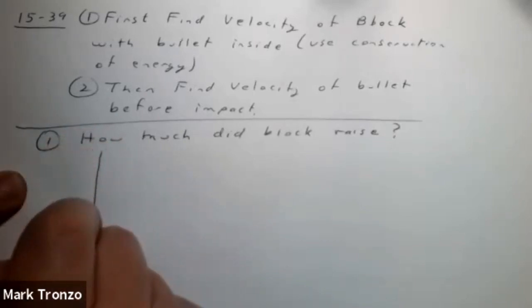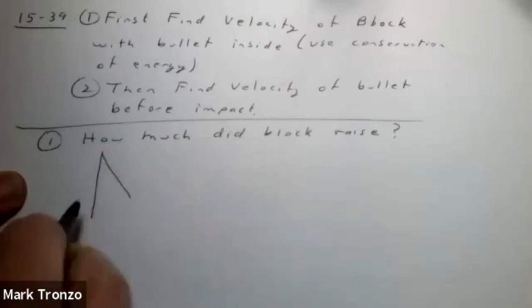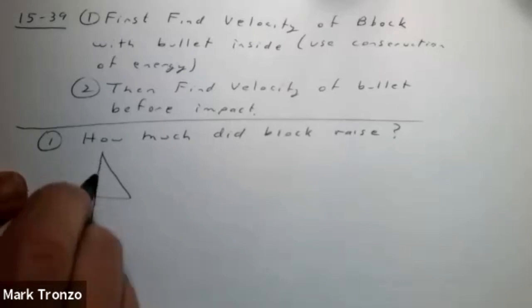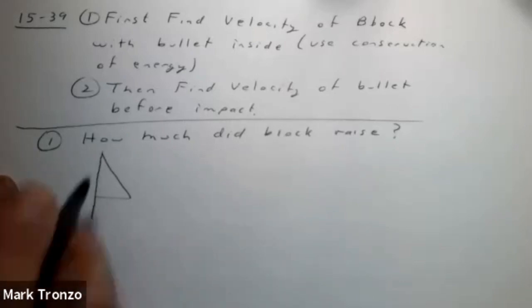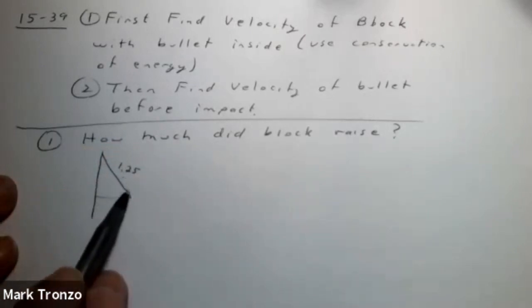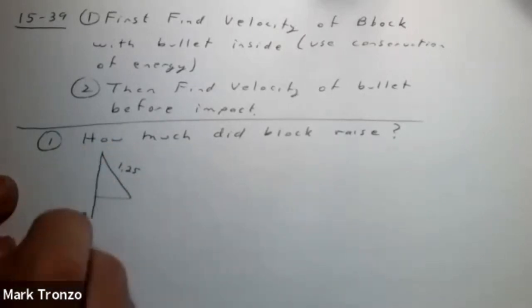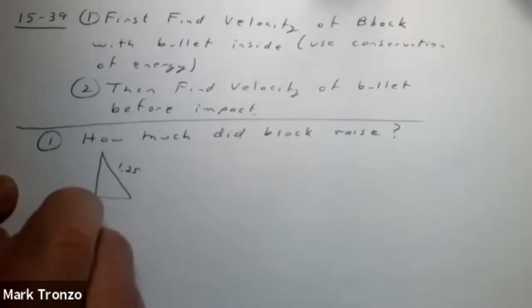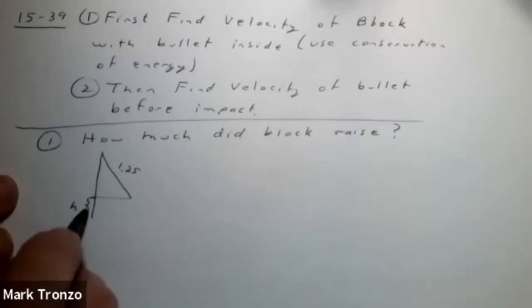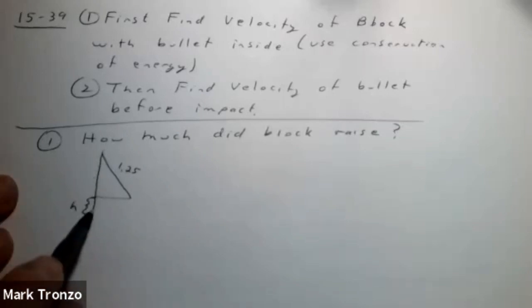If it's 6 degrees, so it was originally down here, and this is our 1.25 distance here, then the block raised this much. If we can find this height here, we can find out how much the block raised. Remember, this whole distance is 1.25.